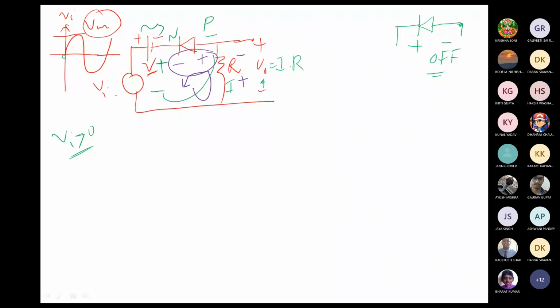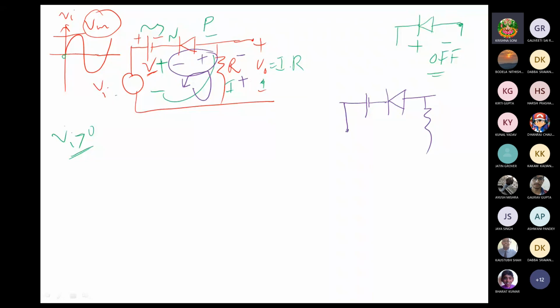Now suppose let us look at the effect of the voltage source V applied. We are not looking at Vi now, only V here. Right now I am doing it on the diagram, but later we can do it mentally. We are removing the input voltage Vi.